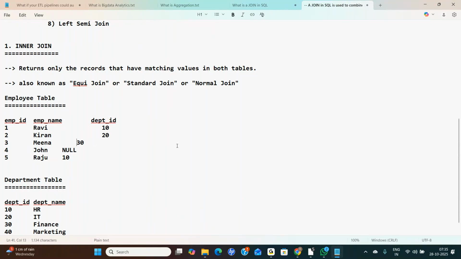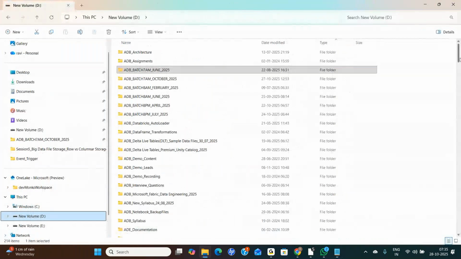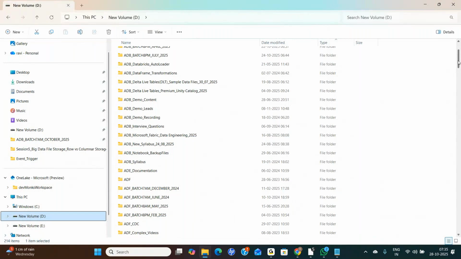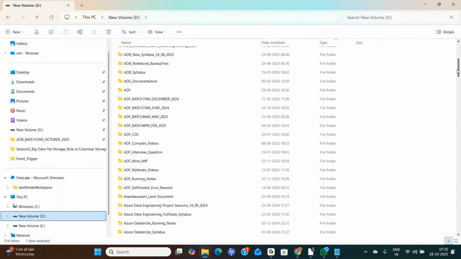They will give the data to us, just one column in table one and one column in table two, and based on that they'll ask us to write queries. I even have that kind of questions, because when I attended interviews for a few candidates, I noted them down.